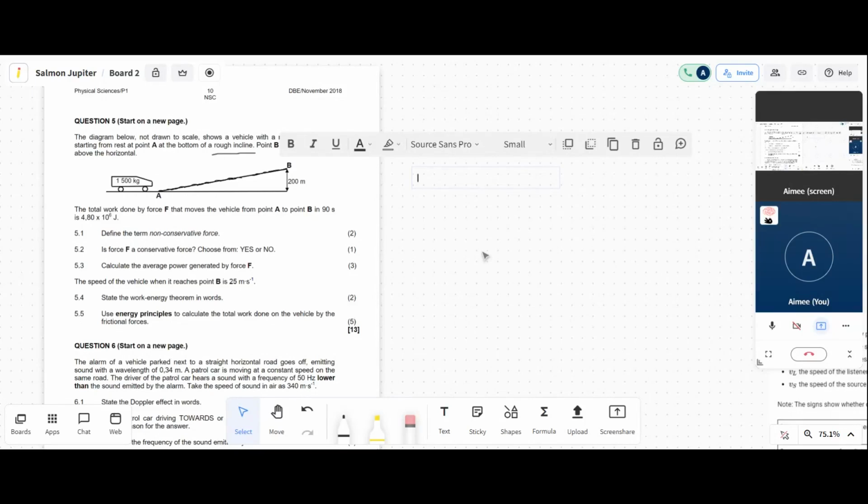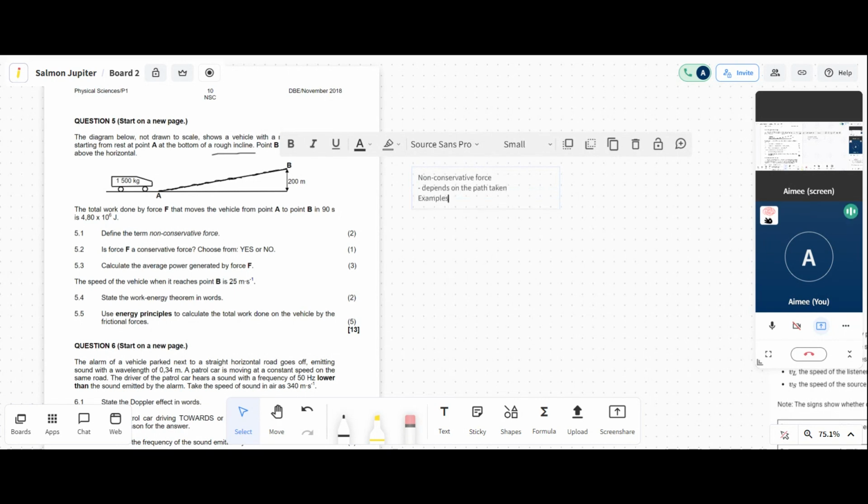So, a non-conservative force, okay, it depends on the path taken. So the path taken matters, okay?